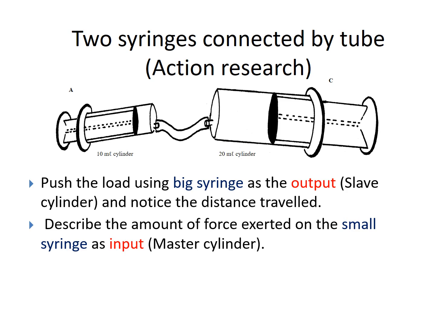Let's check what happens. When you push it, you're going to need lesser force. Now you remember you're pushing the smaller cylinder, pushing the plunger of a smaller cylinder. You're going to need lesser force, but it moves for a longer distance. And the observation on the output, which is a bigger cylinder, would show you.